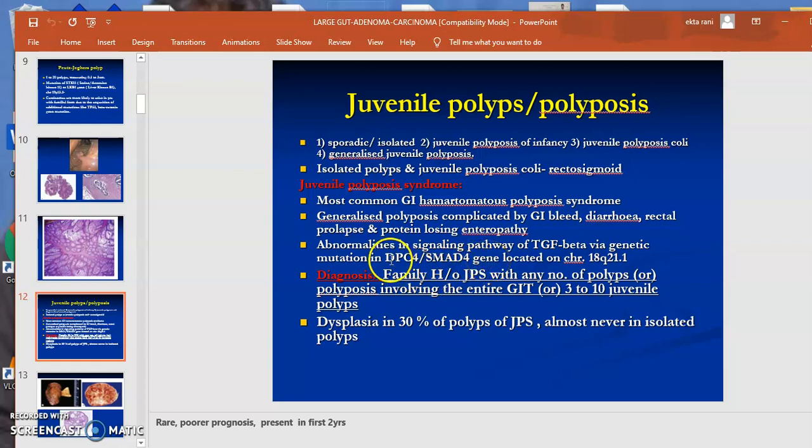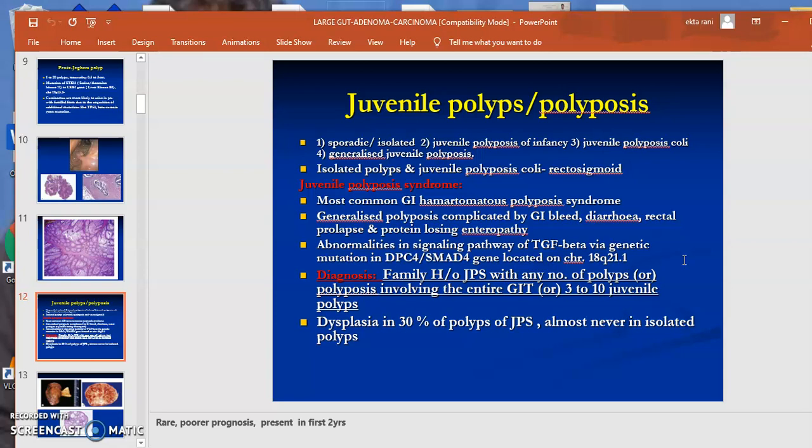So, the genetic abnormality is gene mutation in DPC4 and SMAD4 gene. Diagnosis can be made by family history of juvenile polyposis syndrome with any number of polyps, or polyposis involving the entire GIT, or 3 to 10 juvenile polyps.